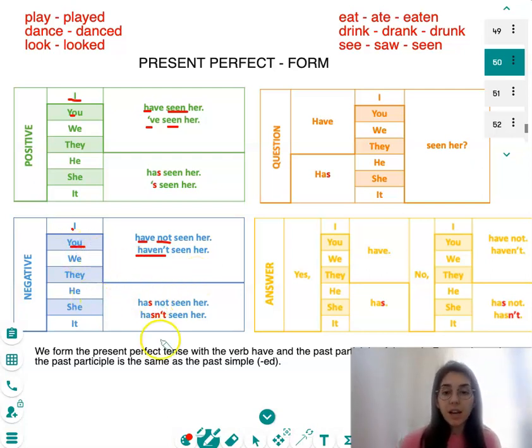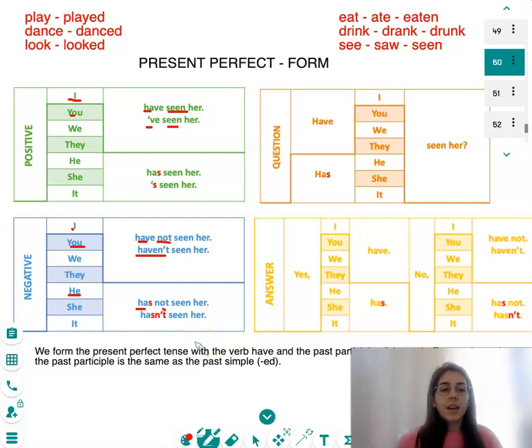And with he, as I said before, we do he has not. That would then change to he hasn't. He hasn't seen her, she hasn't seen her, etc.